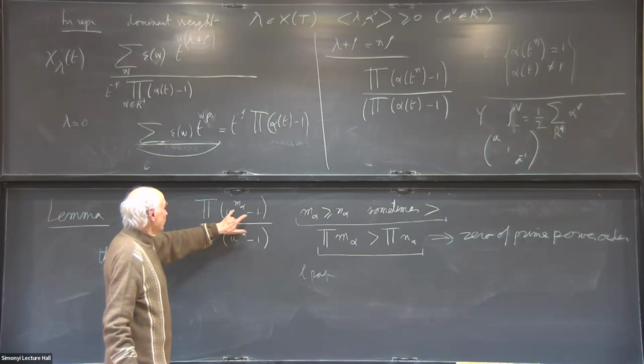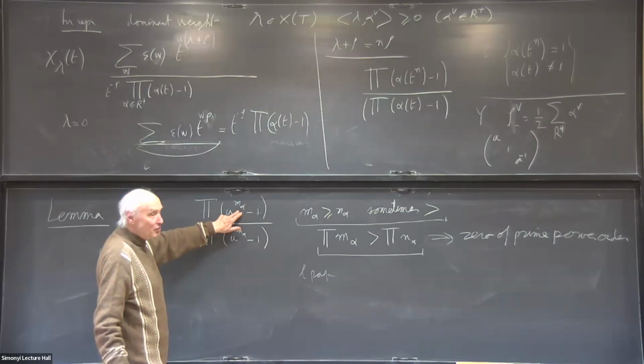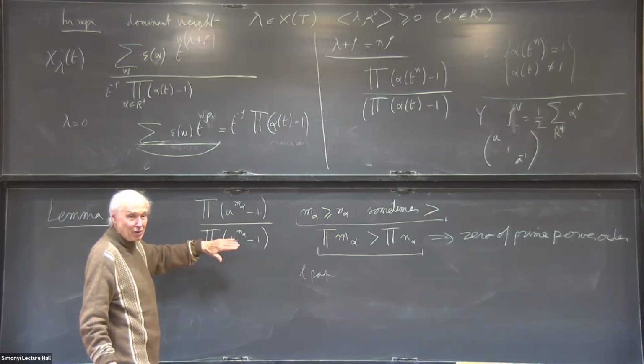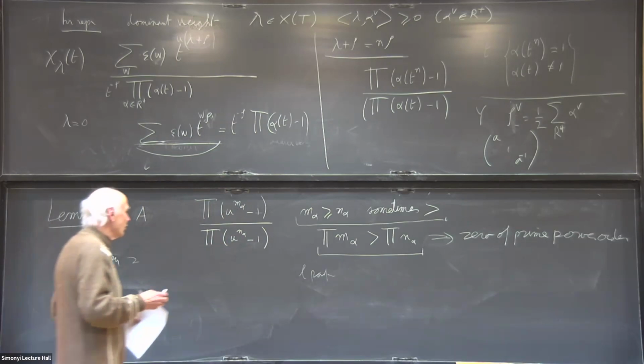If it is of order k, I have to look at for which alpha one has m_alpha divisible by k, and the same question here, and one wants not one to be bigger than the other, both on the numerator and the denominator.